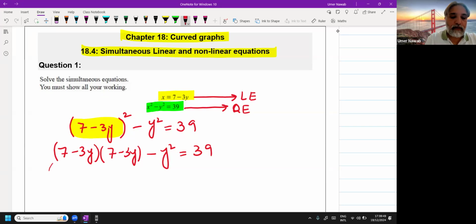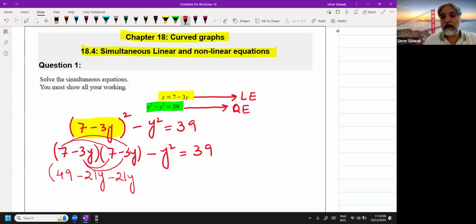And then 7 times 7 gives you 49. 7 times negative 3y gives you negative 21y. Negative 3y times 7 is negative 21y. And negative 3y times negative 3y is plus 9y squared. And minus y squared is equal to 39, copied as it is.